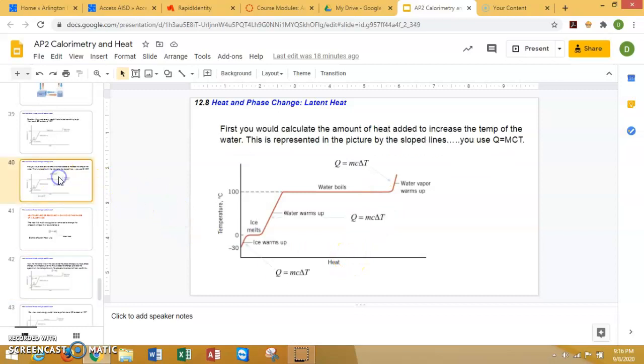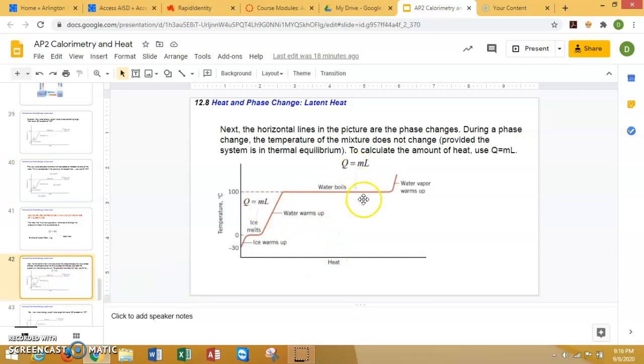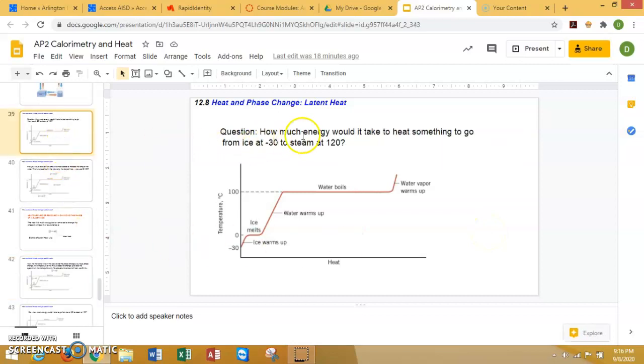So I'd have to add up all of my MCΔT's and then add up all of my ML's, and that total Q, that total number, would be the total energy it would take to go from ice at -30 to steam at 120. And here again, it's kind of a math problem, and you're sort of accounting at this point for all the little things that are happening.